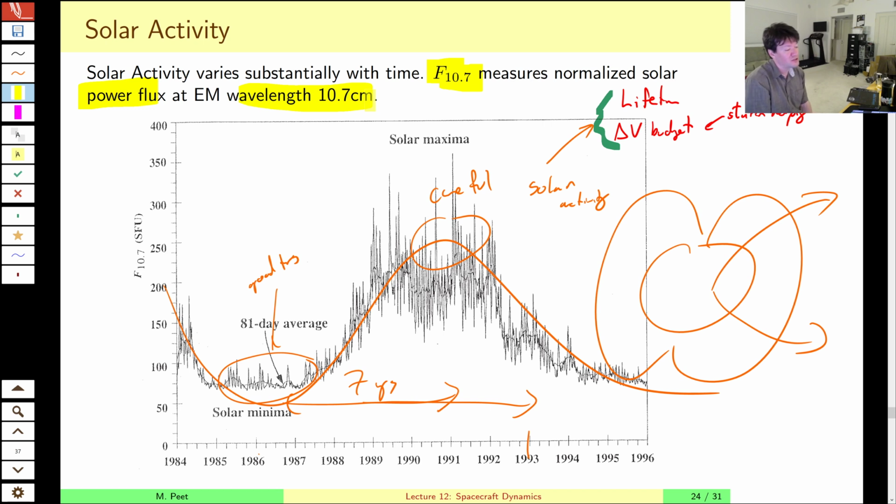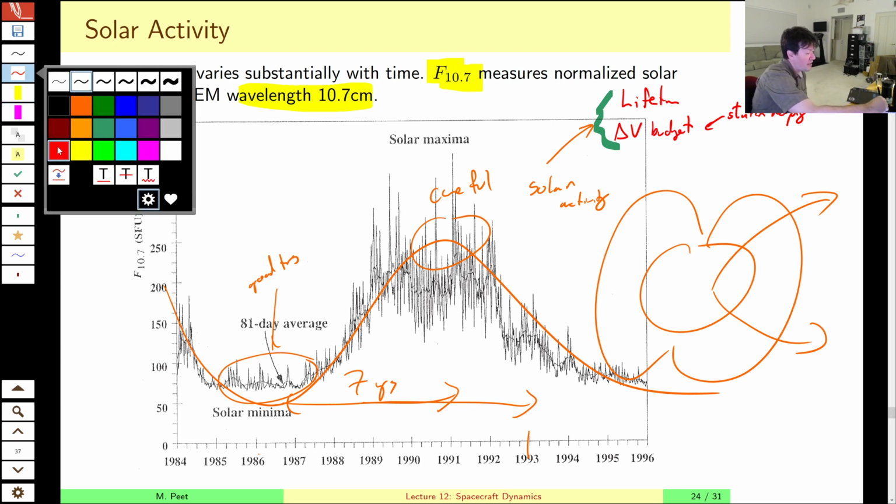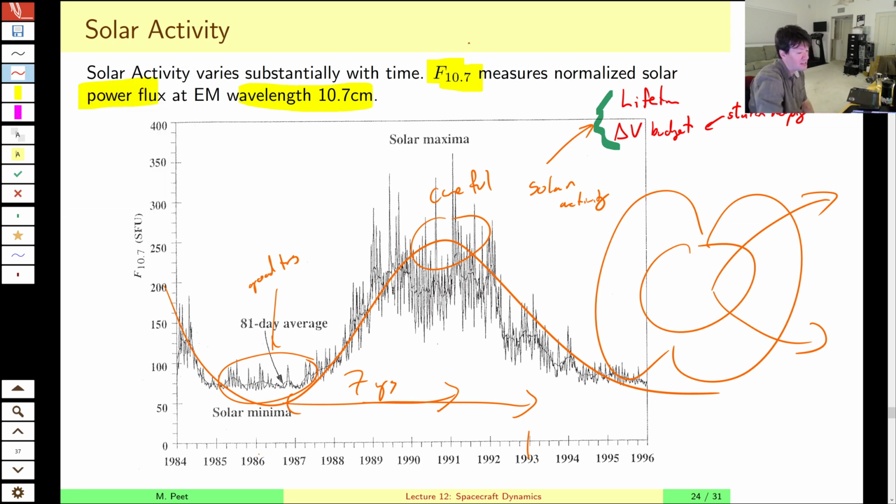There's no real metric for how active the sun is, the degree to which it bends the Earth's magnetic field lines. But we find that there's a good correlation between the power density at F10.7 and the bend in the field lines. So this is something we can use to predict density.